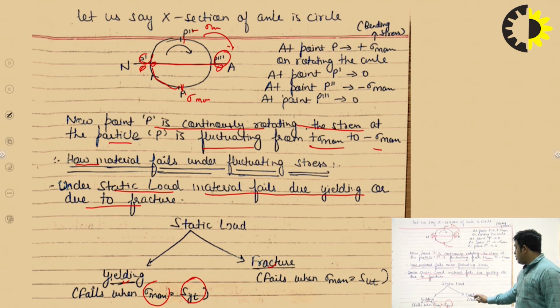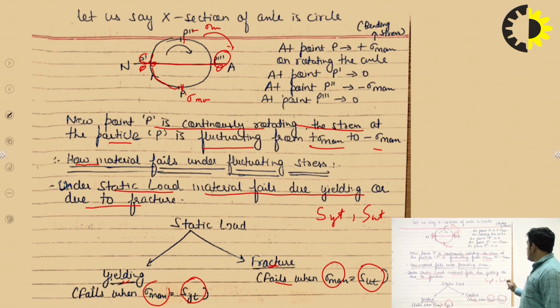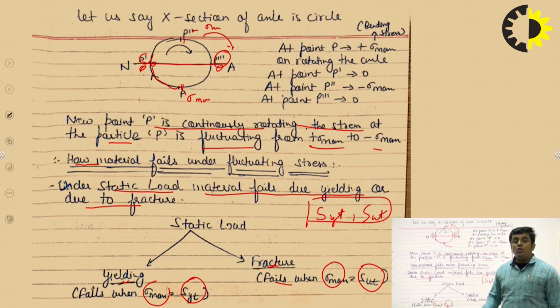If we talk about fracture, the material fails when sigma maximum is equal to SUT. So SYT, yield strength in tension, and SUT, ultimate strength, are the two designing parameters and two failure criteria for static load failure.